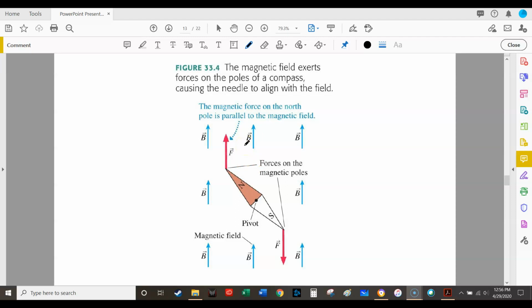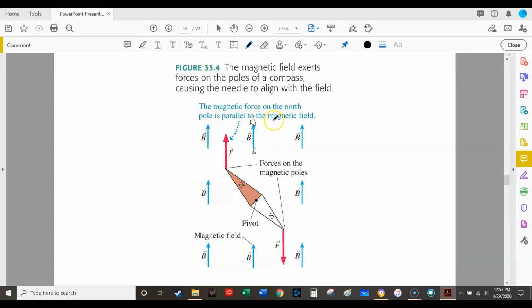So they're going to align themselves in the direction of the magnetic field, right? This compass will. And the magnetic field is represented by a capital B, and we're going to be using arrows to represent that magnetic field. And again, the arrow point is north, and the other end that has no arrow attached to it is south.